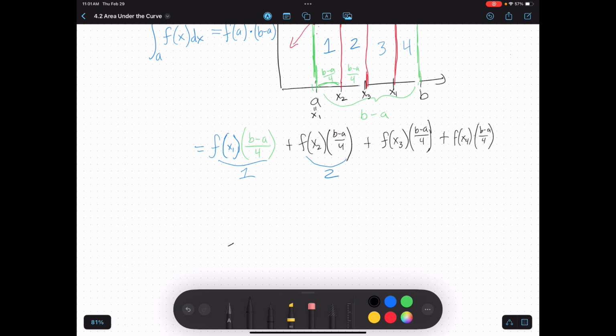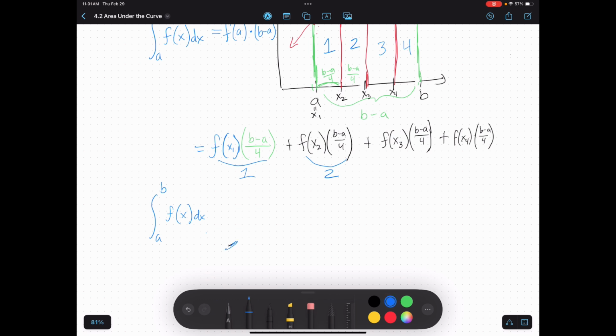A Riemann sum is a mathematical way to express whenever I'm summing a lot of values together.